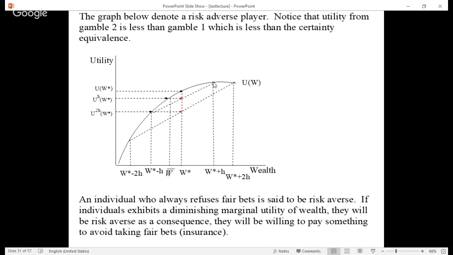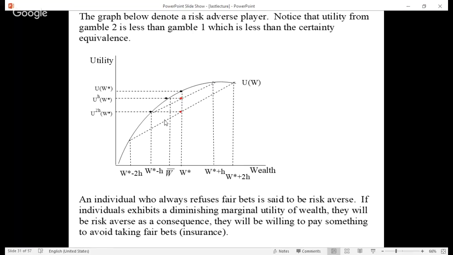If he wins H, this is how much utility he gets up here, which would obviously be greater than not taking the gamble if he wins. But if he loses, it's this line down here. And if you remember, the definition of concave is simply that if I connect two points on the curve, the line is going to lie below the graph, which this one does.